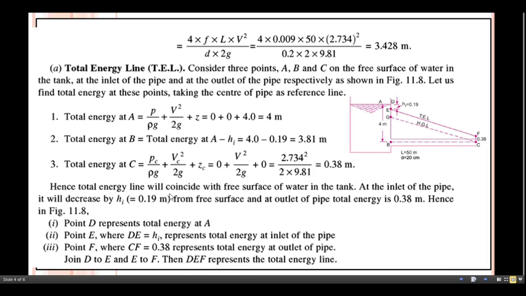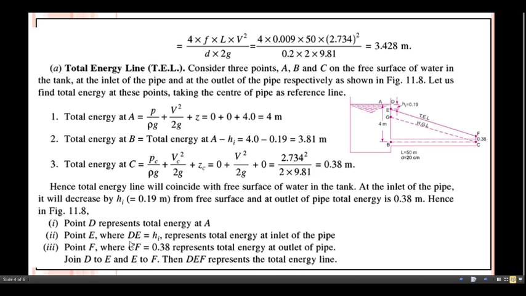Hence the total energy line will coincide with the free surface of water in the tank. At the inlet of the pipe, it will decrease by hi equals 0.19 meter from the free surface, and at the outlet of pipe, total energy is 0.38 meter.